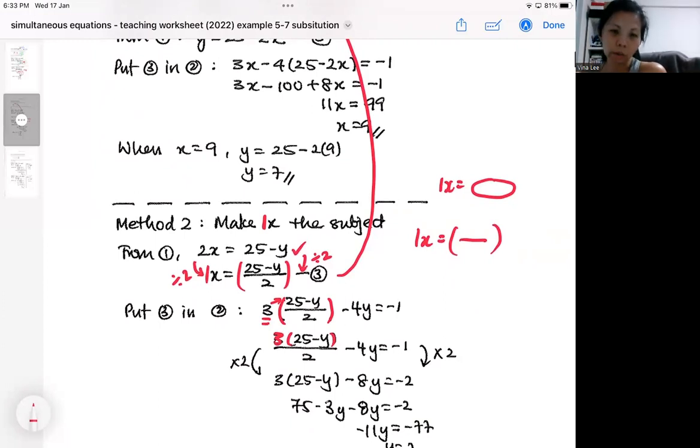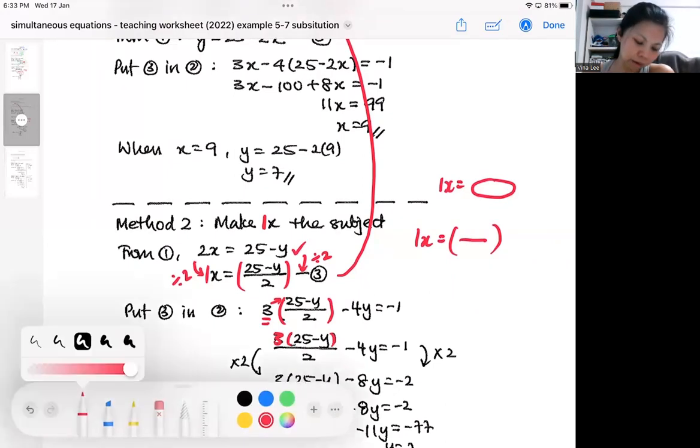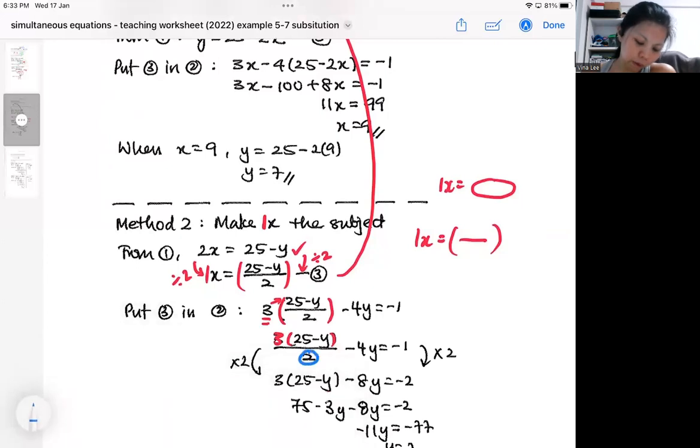So if you're wondering what do you do with the number 3, it will go up to the numerator. Then subsequently, I've still got a fraction. So you target the denominator. So you multiply by 2. That means everything multiplied by 2. So you multiply both sides by 2.